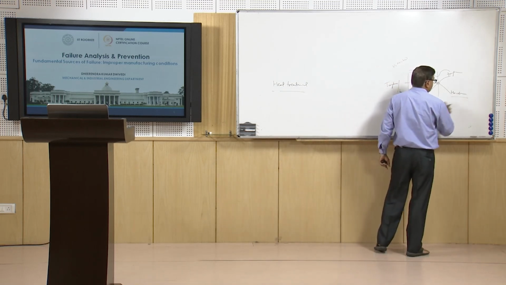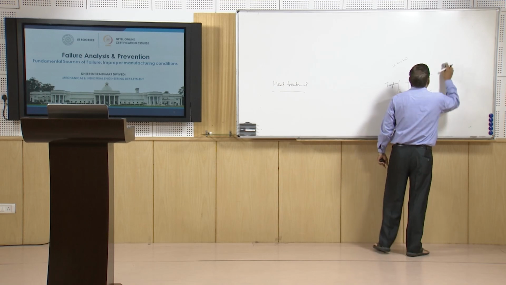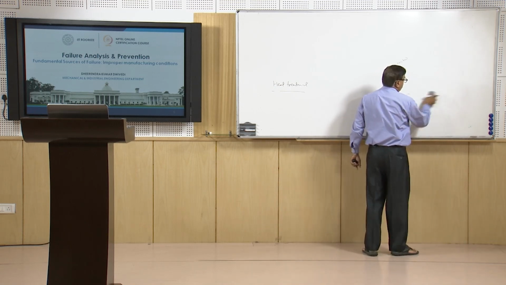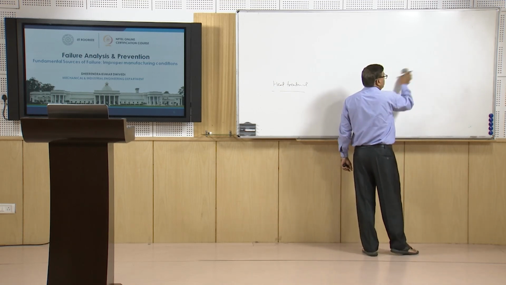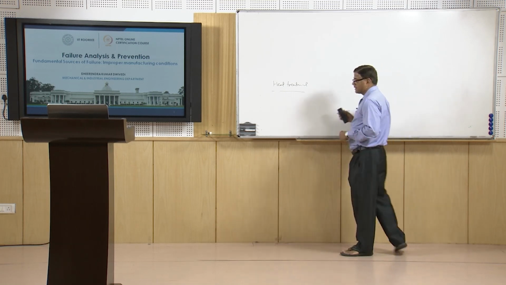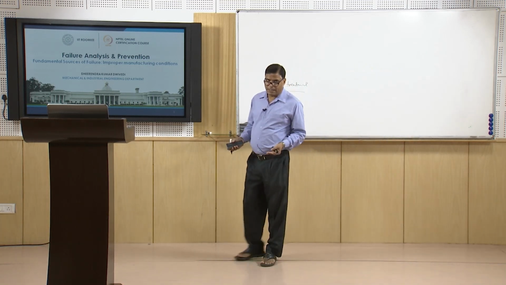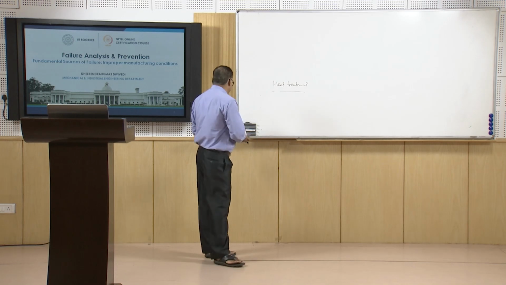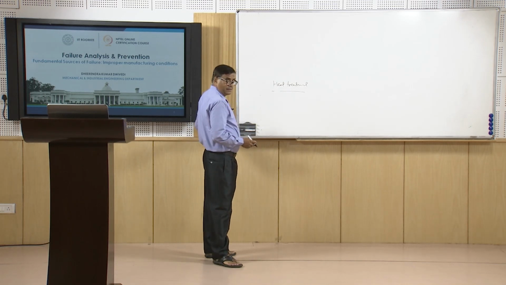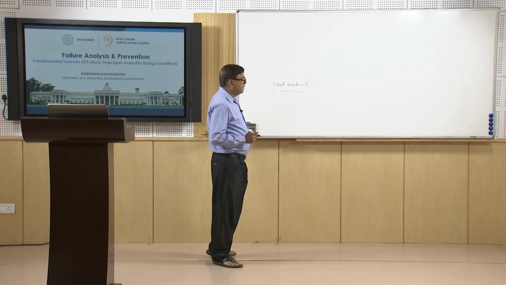Inappropriate selection of tempering conditions can lead to under tempering or over tempering, and that becomes the result of, say, untempered martensite, which increases the hardness, but at the cost of toughness.